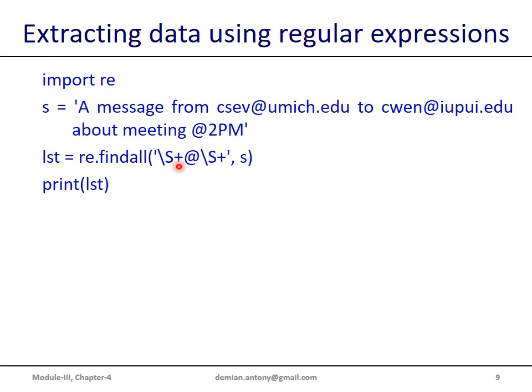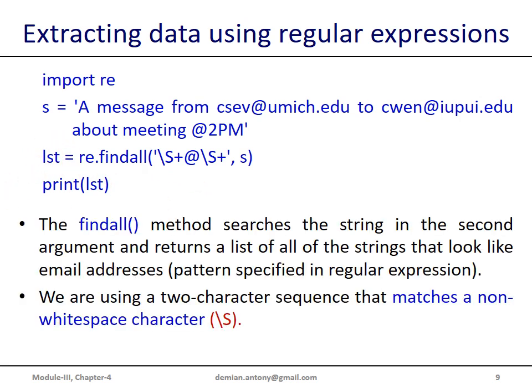There should be at least one non-white space character as the username, and there should be at least one non-white space character in the domain name. If we have a pattern like this, such patterns are extracted from the string and returned as a list of strings, and then we print the list of email IDs in that manner.